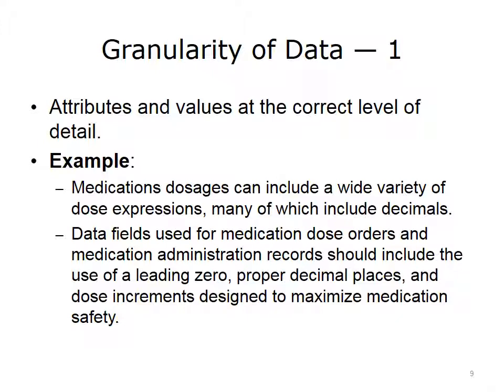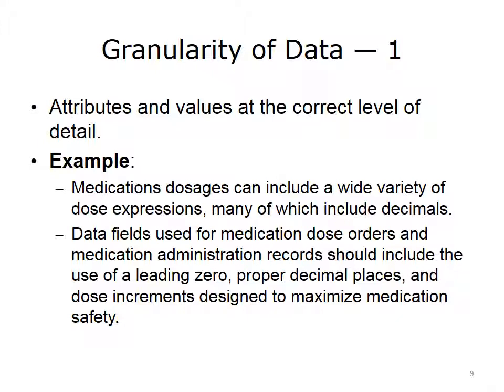One of the very first alerts issued by the ISMP was to caution providers about the expression of a decimal without a leading zero. An example of this type of error can be found on their website. It describes the death of a 9-month-old infant whose order for 0.5 milligrams of morphine without the leading zero was interpreted as 5 milligrams, resulting in an overdose and death.